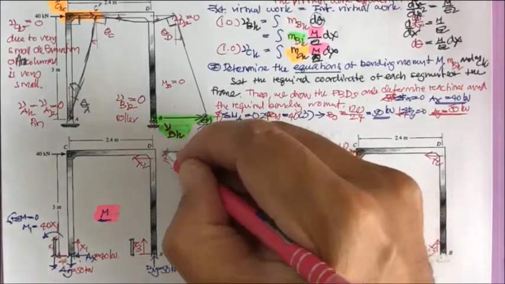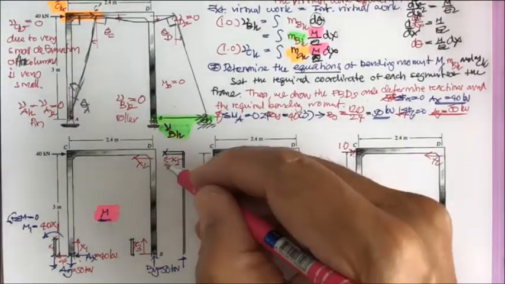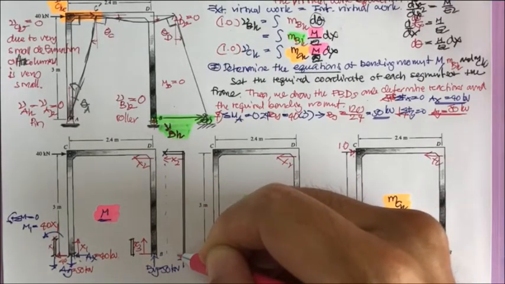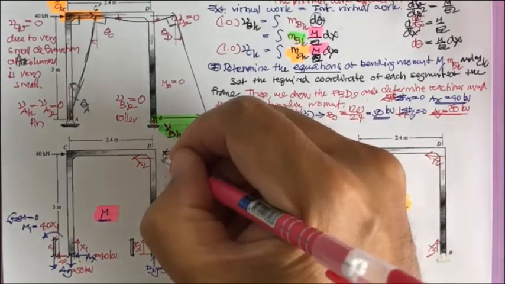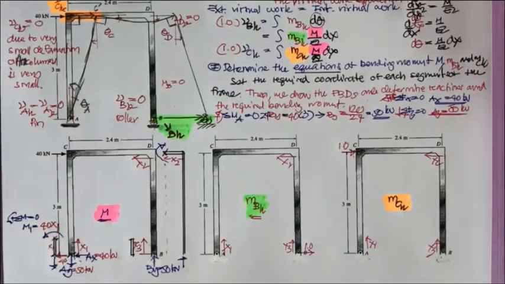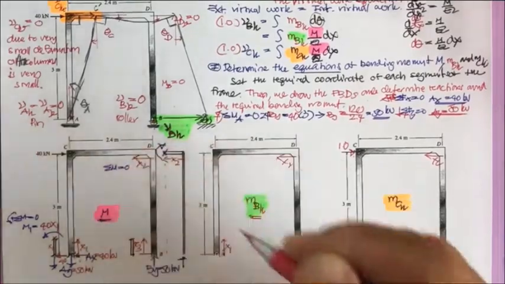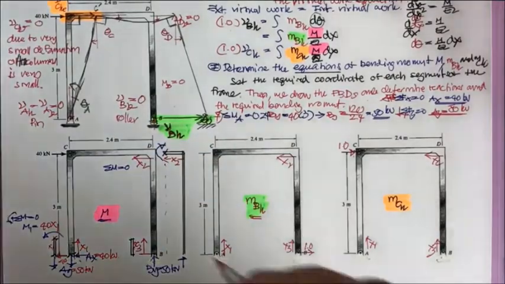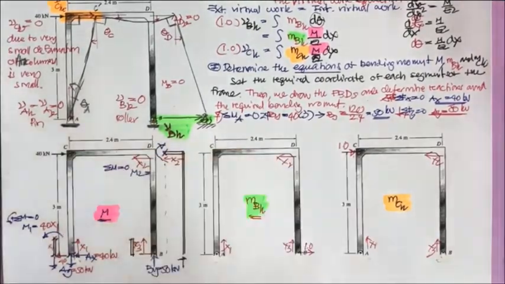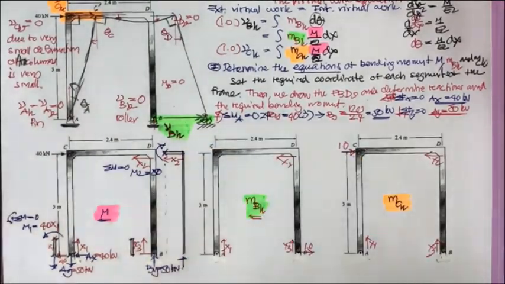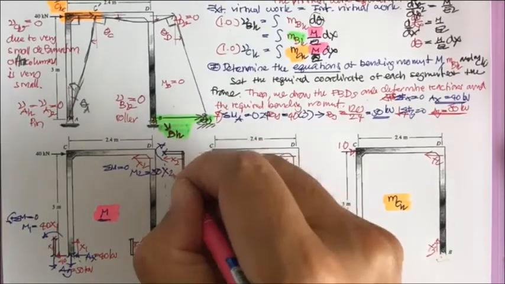and this one is 50 kilonewton. And if you take the moment here, you're going to have the moment arm of x2. And let me set this as m2, summation of moment equal to 0. So your m2 is going to be equal to 50 times x2.